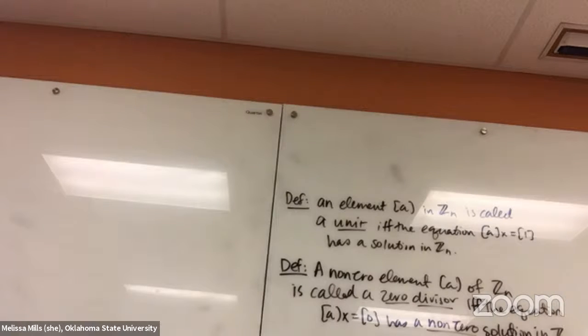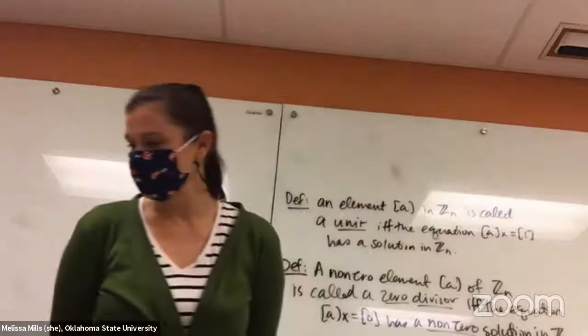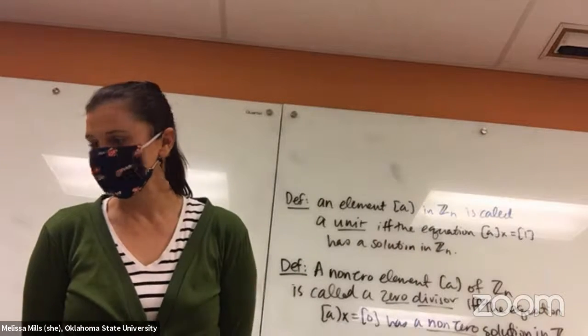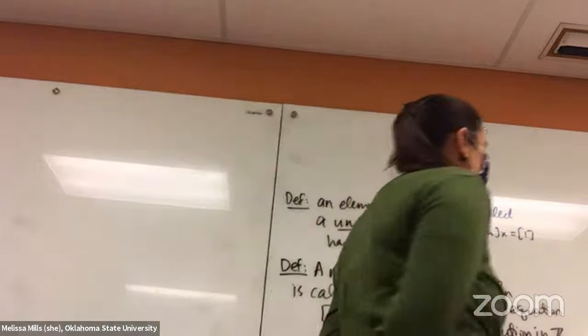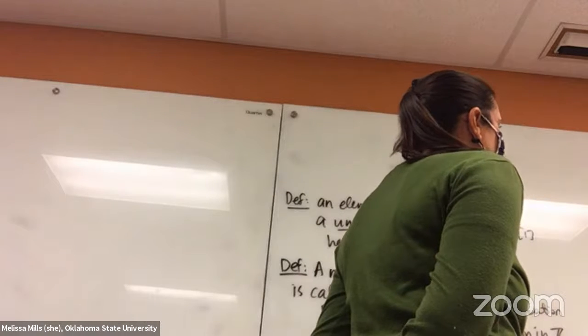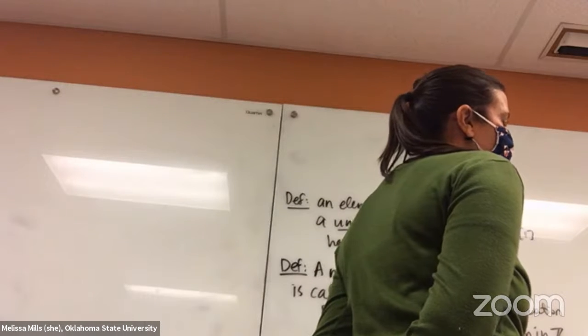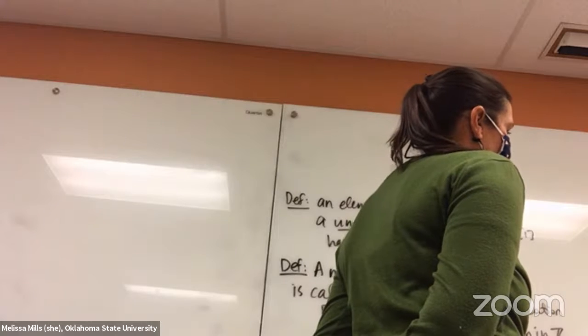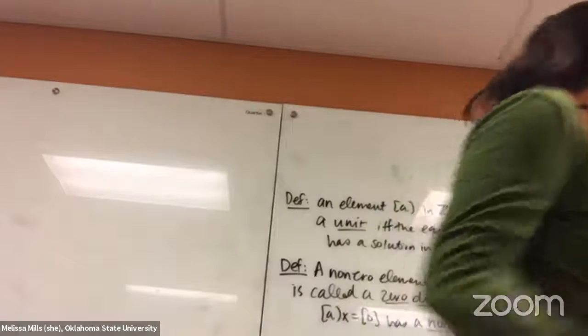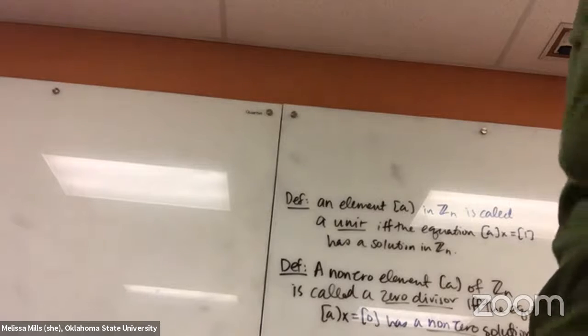We could assume all this and assume by way of contradiction that A is not a zero divisor. But if it's not a zero divisor, it's a unit, and I don't think we have that yet. I think that's later. Yeah, that's another homework problem.